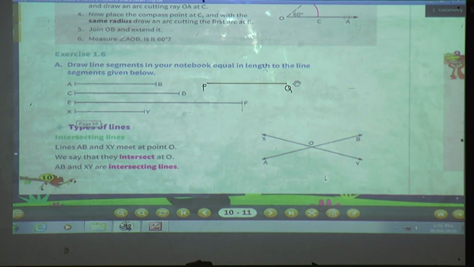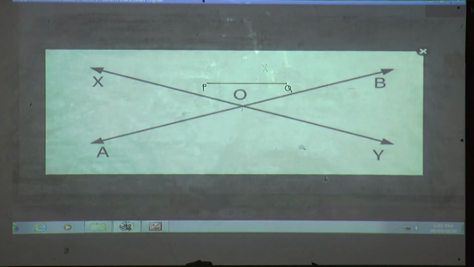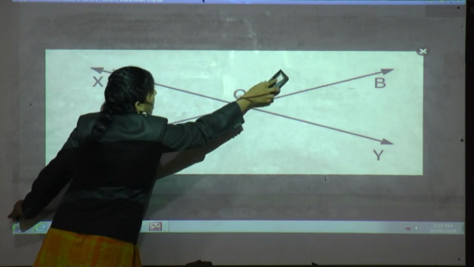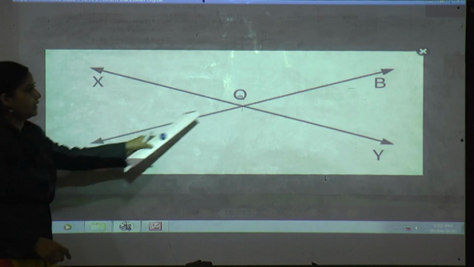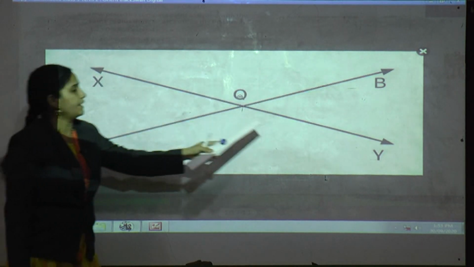So we'll start the next point, types of lines. See, types of lines. First one, intersecting lines. Here intersecting lines, line AB and XY. Here are the two lines. First one is line AB and line XY.